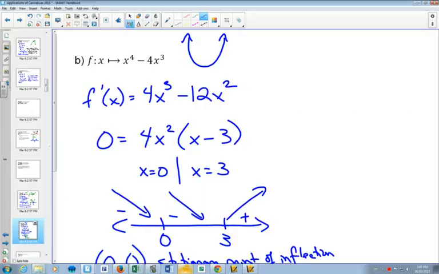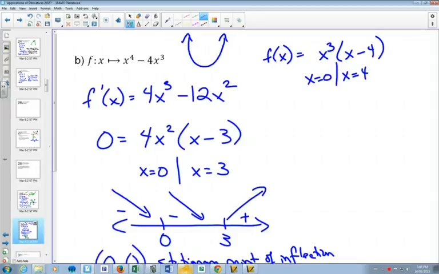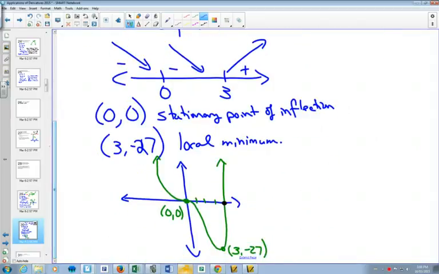You would also say that you could factor this by taking out an x cubed, and you would have x cubed times x minus 4. So your x-intercepts, if you made y equals 0, are x equals 0 and x equals 4. So that's why we know that this point is also at 4, 0. Yes?